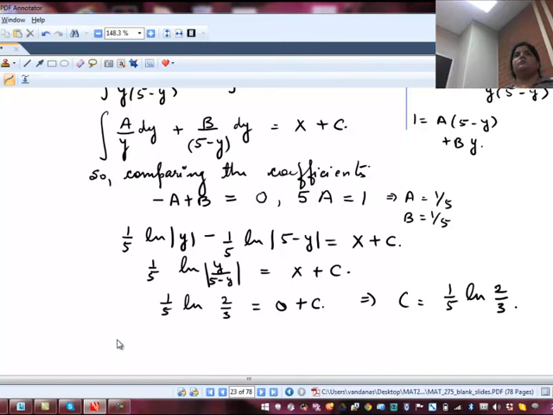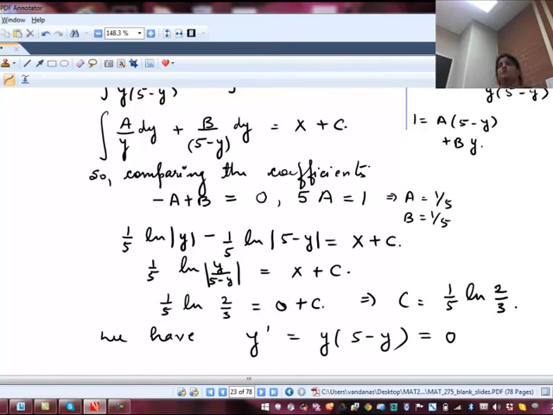So we have the differential equation, with 5 minus y, right? If y prime is 0, if I equate this to 0, what does it mean? It's flat, right? Constant. The solution is constant.